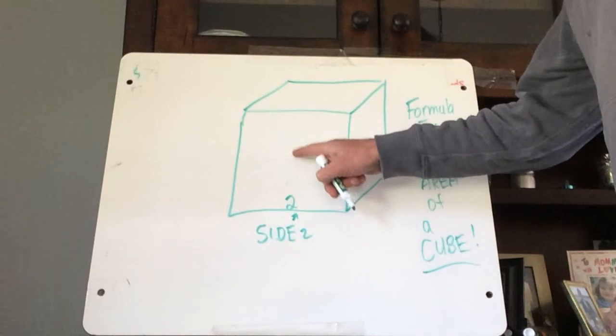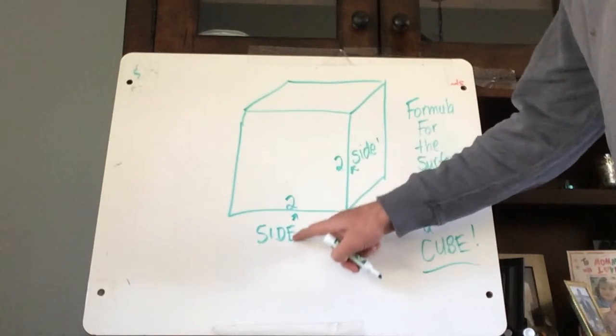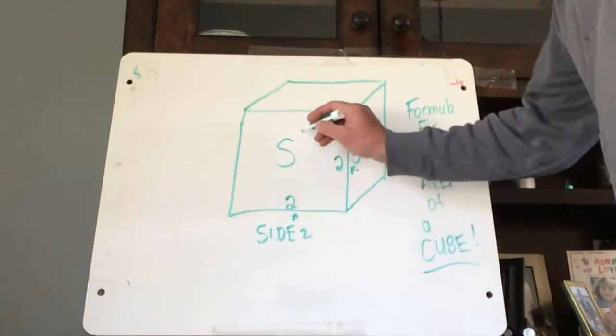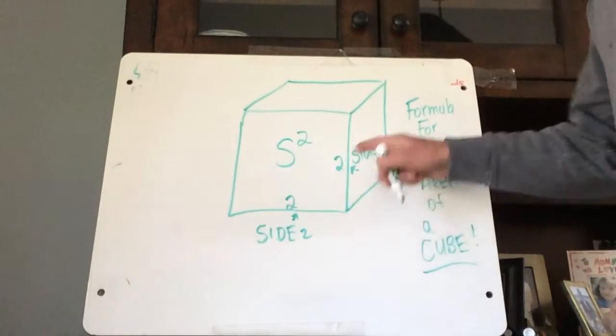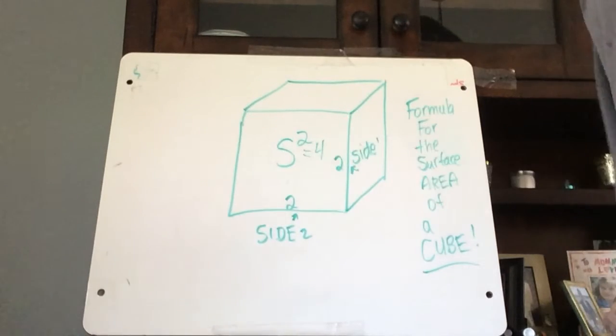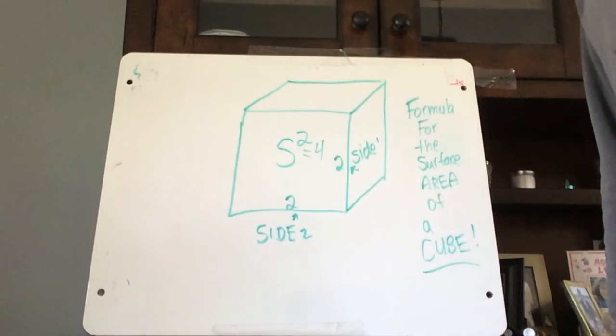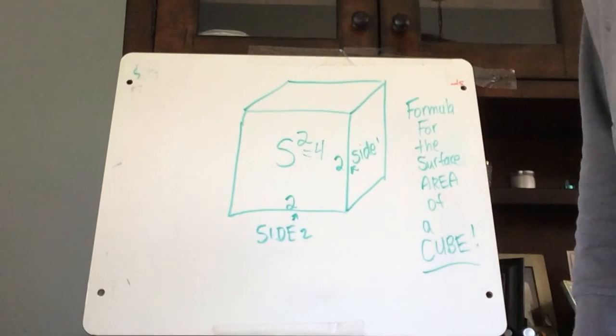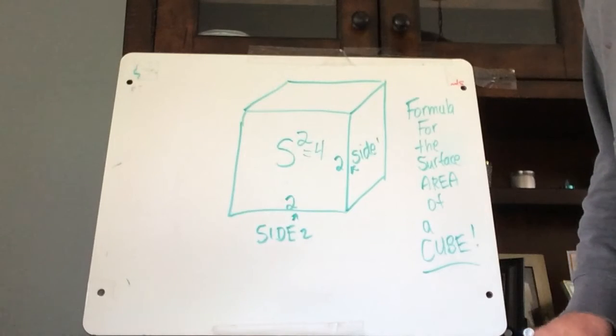So I can find the area of this face by saying side squared. In this case, side squared equals 4. Well, I know from yesterday that there are 6 sides in every cube, and they're all congruent.